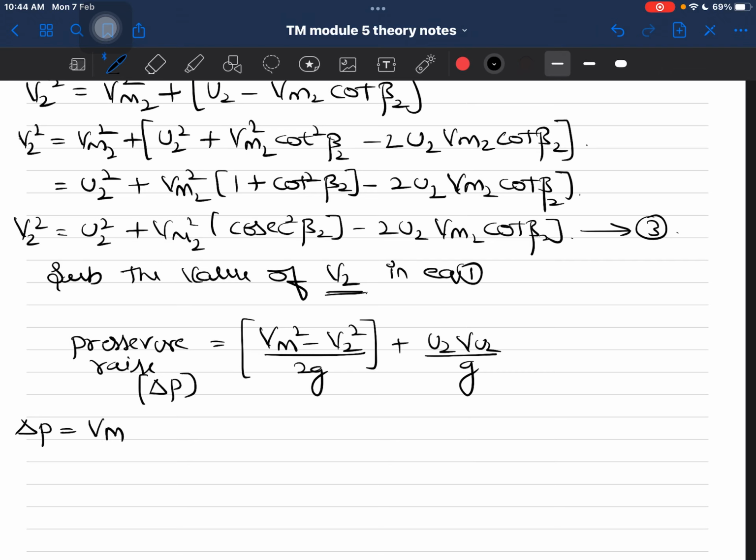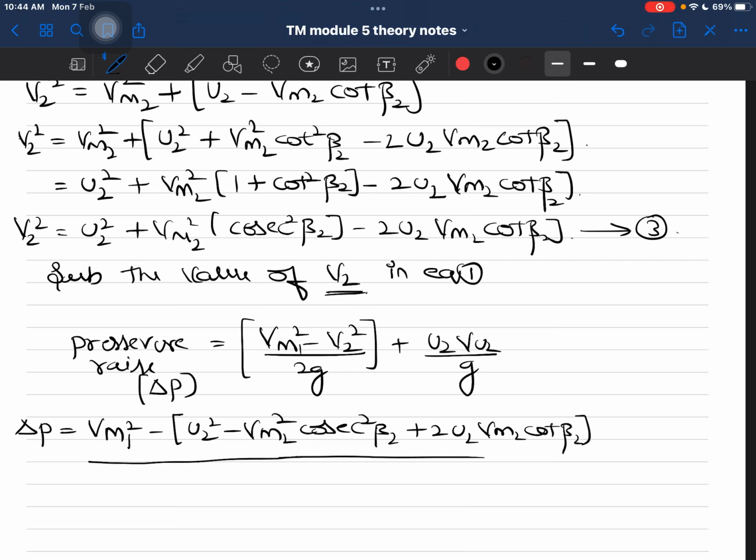Vm1 square would be as it is, minus V2 square, which is the whole thing, whatever you have: u2 square plus Vm2 square cosec square of beta 2 minus 2 u2 Vm2 cot beta 2, divided by 2g, plus u2 Vu2 divided by g.